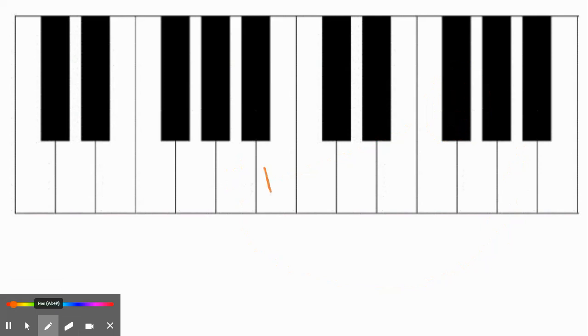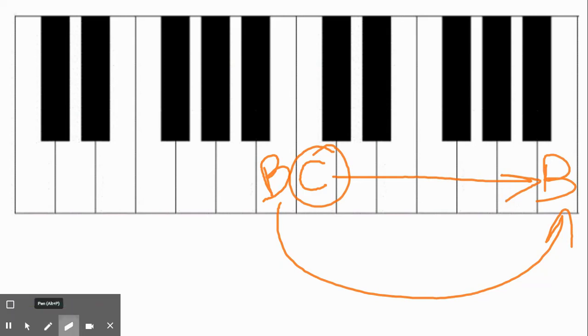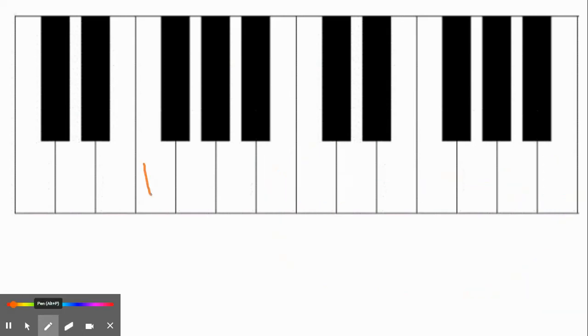If I start on B and I go to C, I have a minor second. If I invert that and flip B up an octave to make C my root, C to B is a major seventh.